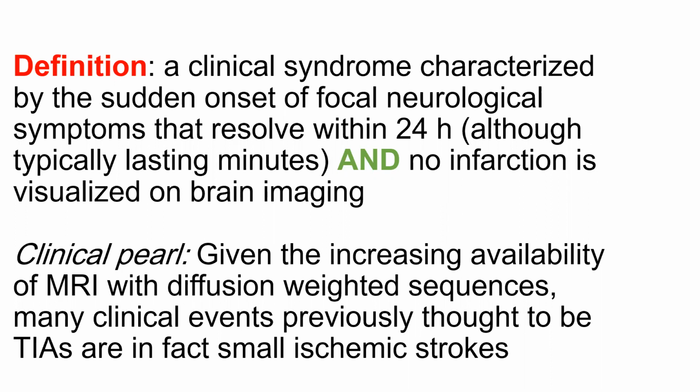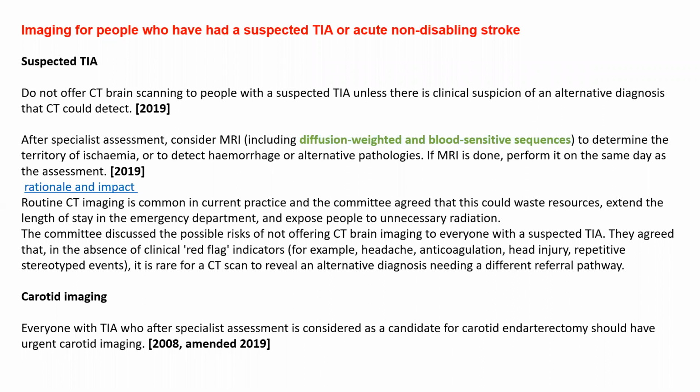So now, first of all, what should you do? And this is an exam question, either in PACES or in the written exam. What should you do for a patient presenting to the emergency department with symptoms consistent with TIA? Should I do CT brain or not? This is the first and important question.